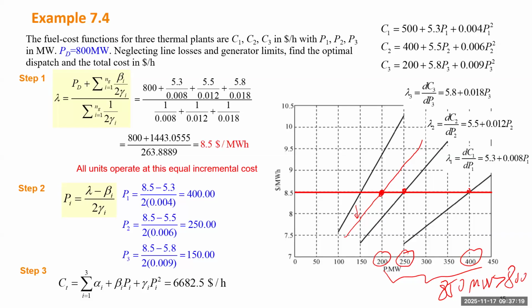So if I make any change on the price curve of any unit, all the units have to move to adjust their output. If we maintain the same load, this curve will move down, which will make a new intersection point where together they still total 800. So eventually they still operate at the same price. Okay, this is the dynamic I was talking about.